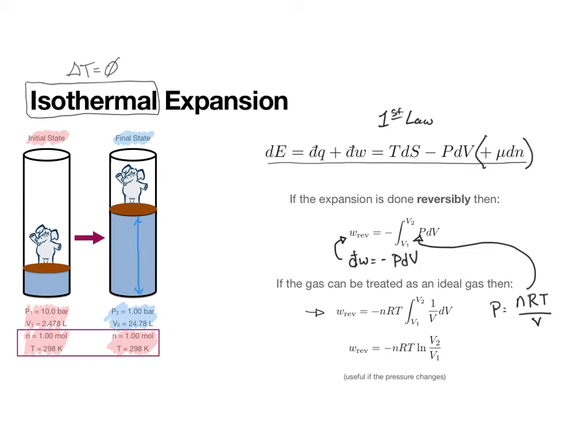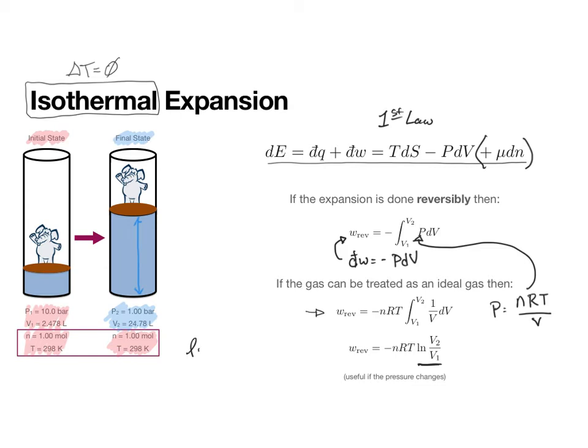Now, if you don't happen to remember your integral rules, the integral of 1 over V is going to be the natural log of V. And then if I plug in V2 and V1, this is what I get.